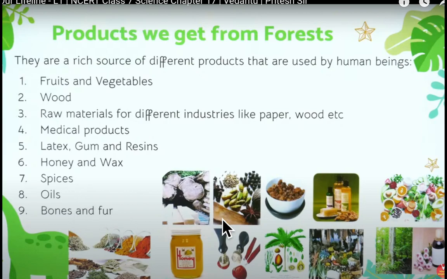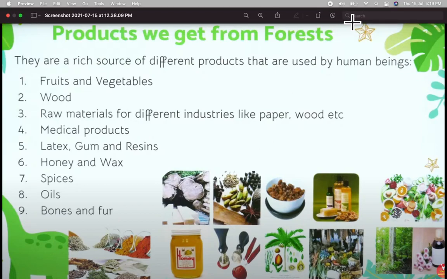So we get many products from the forest, and many lives and people depend on the forest for their livelihood.